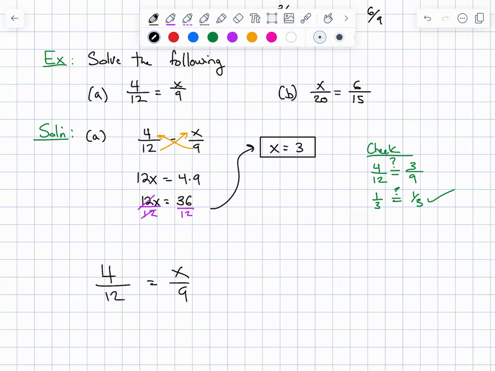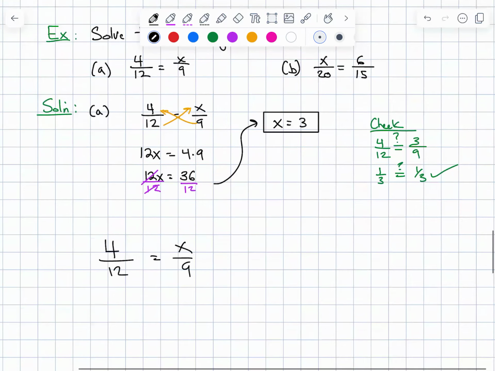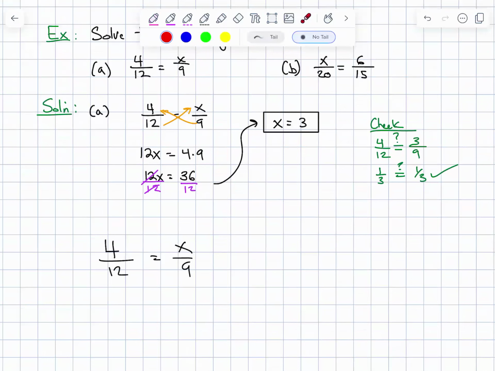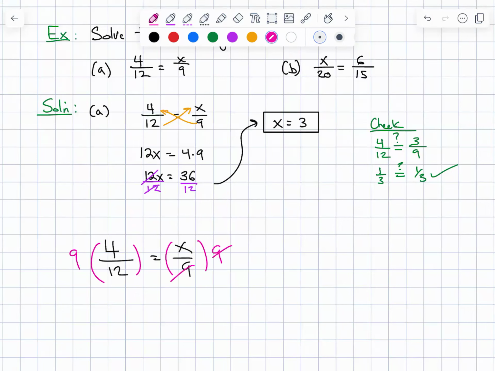One of the rules is that you can multiply both sides of an equation by any non-zero number, and it remains true. So you can double both sides, you can halve both sides, you can quadruple both sides, and everything always remains the same. So the reason why I can do this magic trick is that if I multiply both sides by 9, that cancels the 9 on the right.